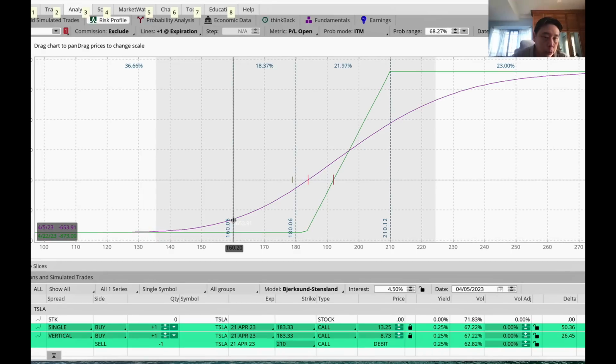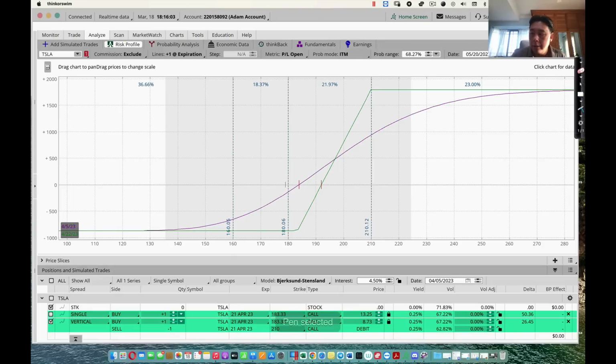How much would you lose? Look at the purple number in the box. You would lose $655.83, assuming that you get out after 15 days have passed and you've got 15 days left to expiration.